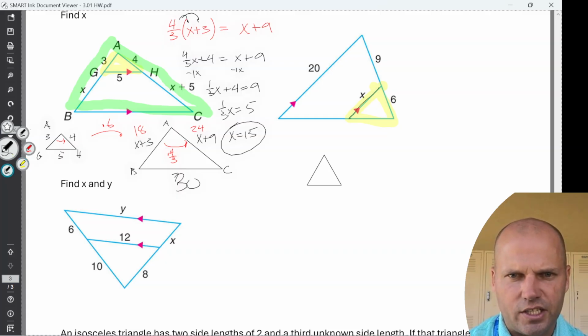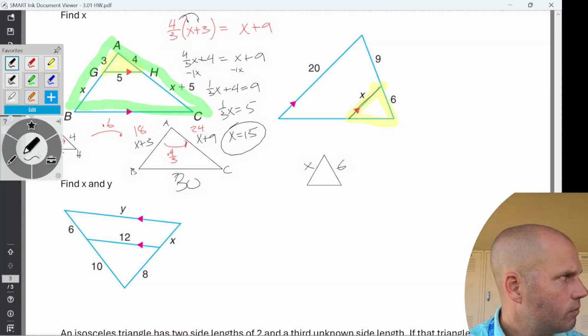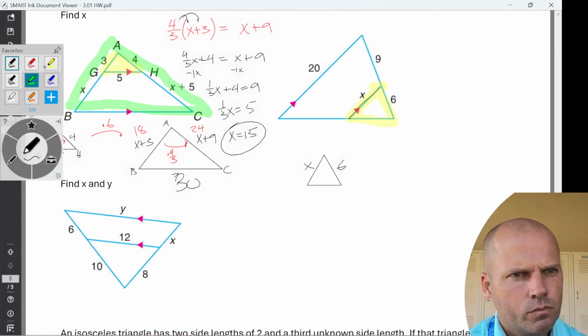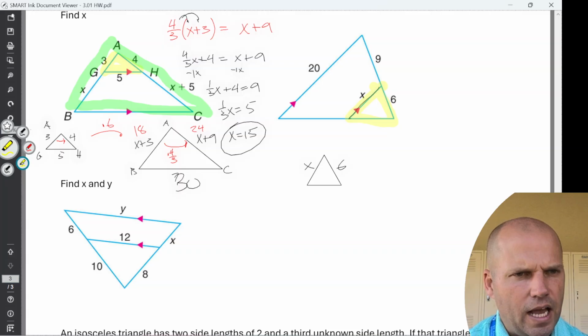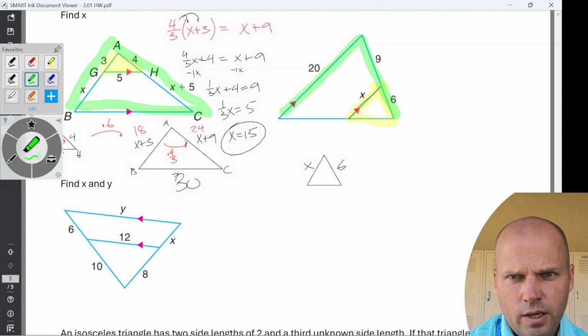Next question, we have our side lengths of x and 6 in our smaller inner triangle, which I'm going to sketch down first and understand x and 6. And then my larger outer triangle will have lengths of 20 and 15.